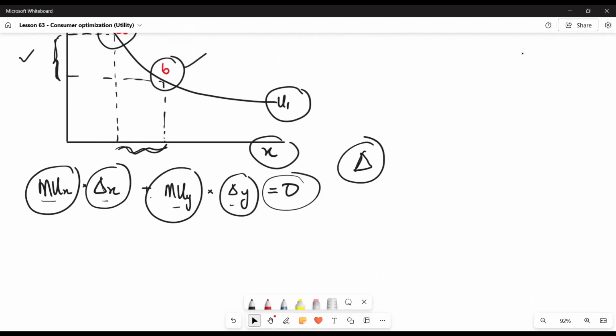Now, the Greek letter delta used here represents the change in a variable. All that we are saying here is we've lost some Y to gain a bit of X as we move from point A to B. But we notice that even with this rearrangement, utility has not been lost. So utility is still constant. That is why it's equal to 0.